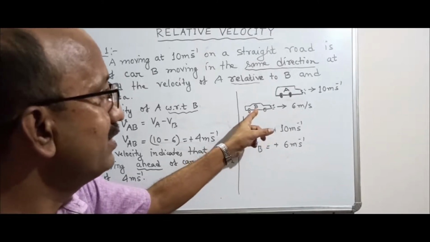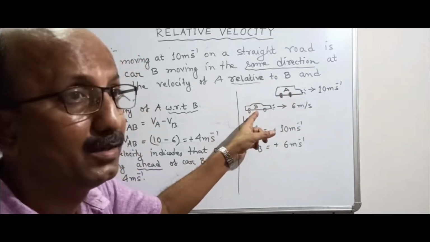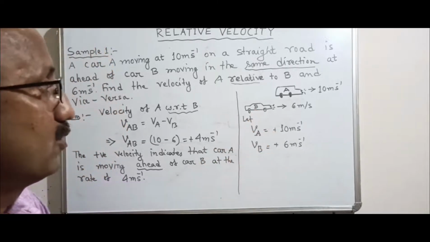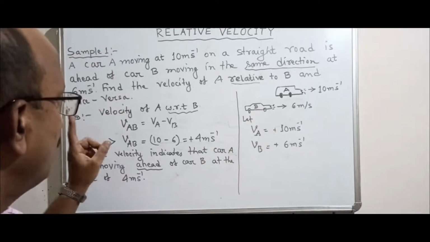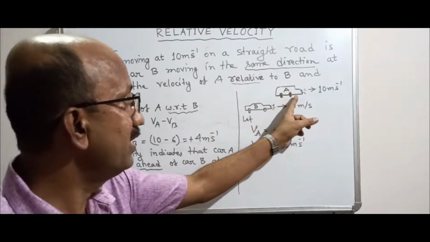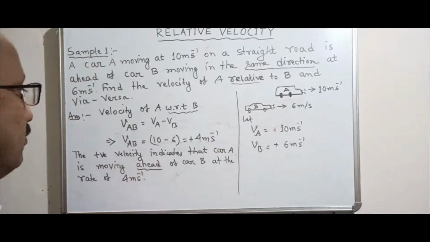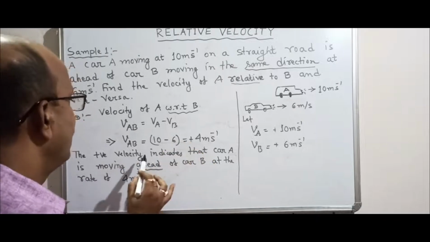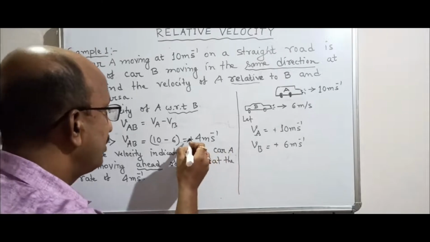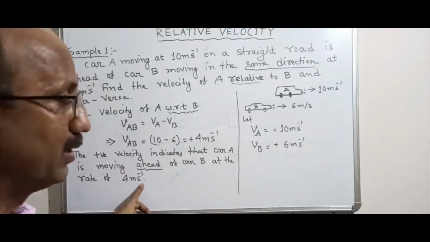So you are measuring the velocity of the car A from your car B, and you are in motion. So that is the concept of relative velocity. So velocity of A with respect to B means you are watching the velocity of A from your car B, and you are writing that expression. So the positive velocity indicates that car A is moving ahead, because positive, of car B at a rate of 4 meter per second.